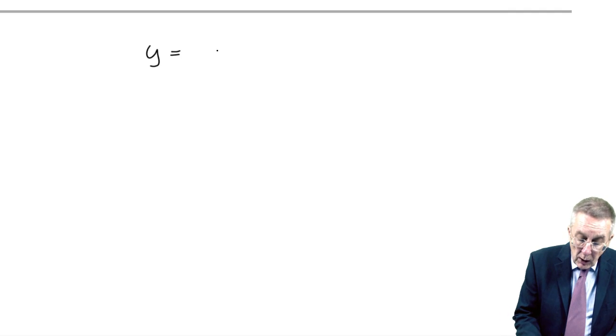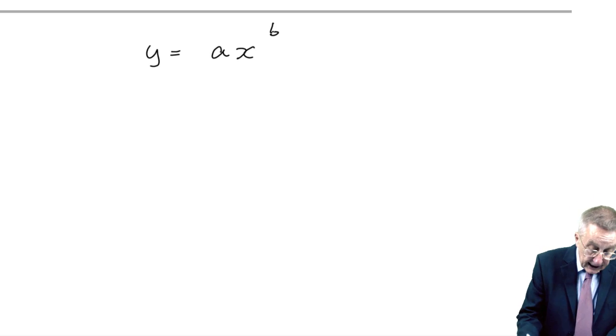But the formula: y equals ax to the power b.